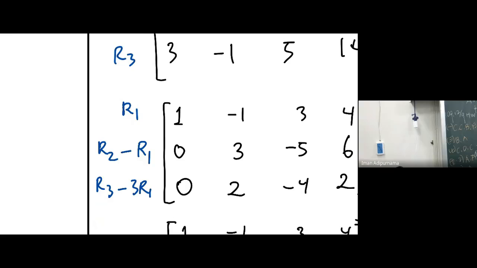Anyway, you can do many ways, but the more matrices you work on, the more practice you get. So you also need to think about how to reach the 0, 0, 0 faster.